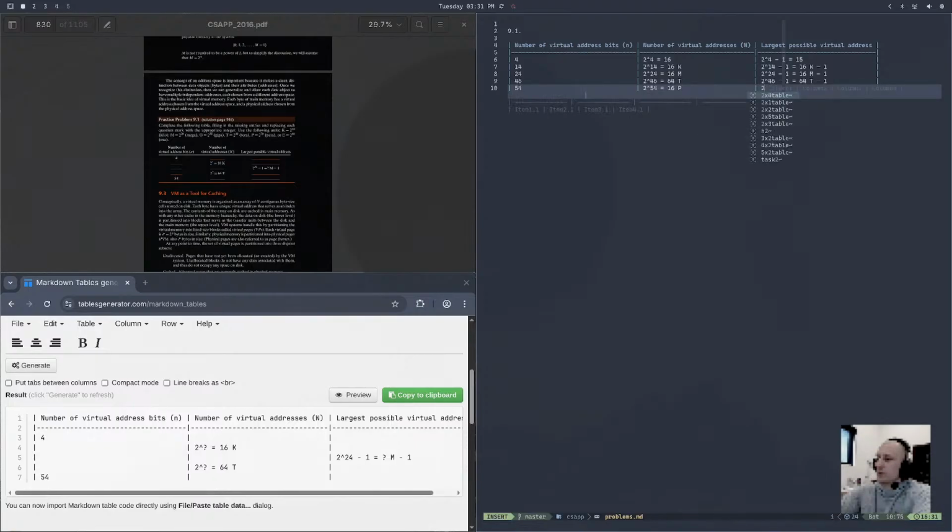And then it'd be 2 to the power of 54 minus 1, which is equal to 16p minus 1. Okay. Let's check, see if we got those right.